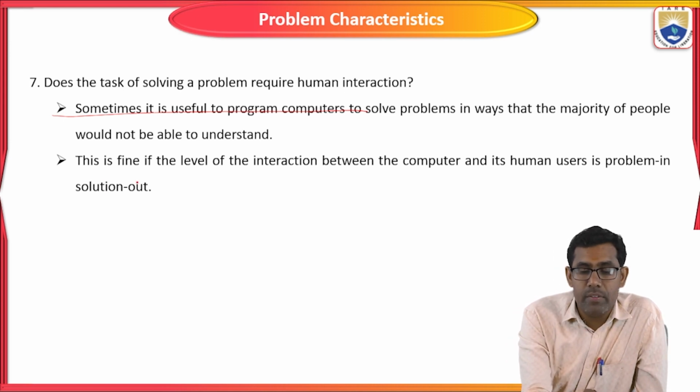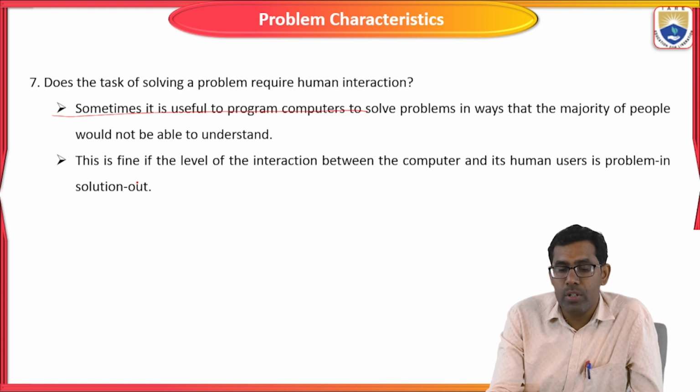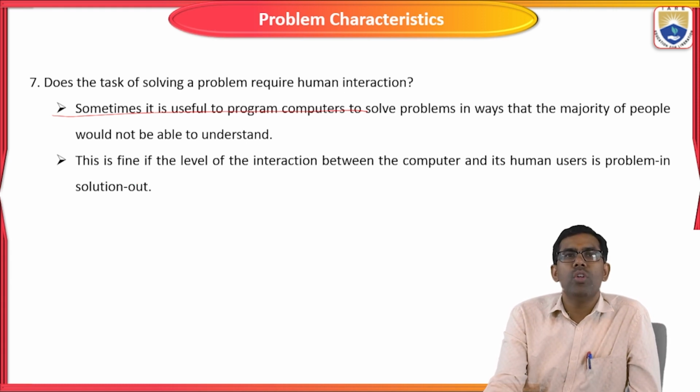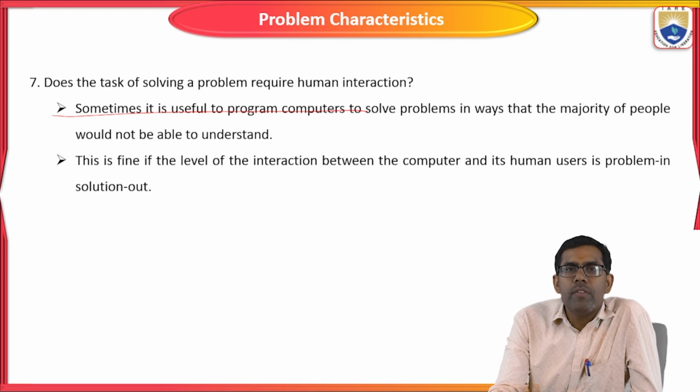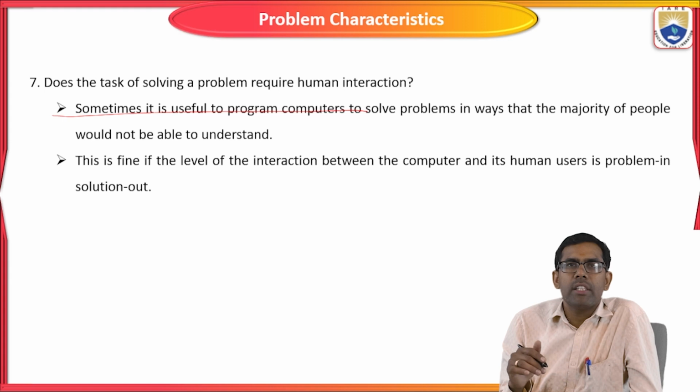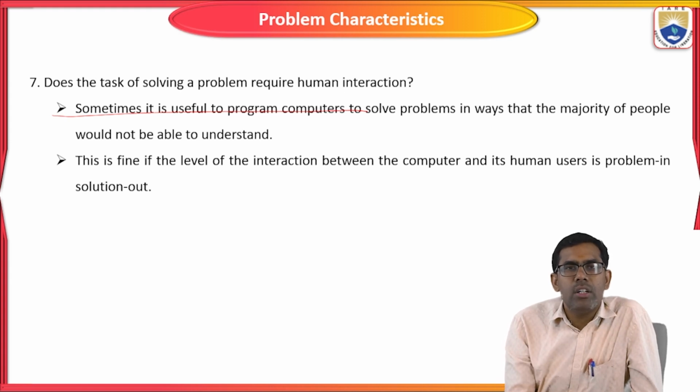This finds the level of interaction between the computer and the human user in problem solution. If the artificial intelligence machine cannot explain what the problem is and what the solution is for the particular problem statement, the human should interact with the artificial intelligence machine.